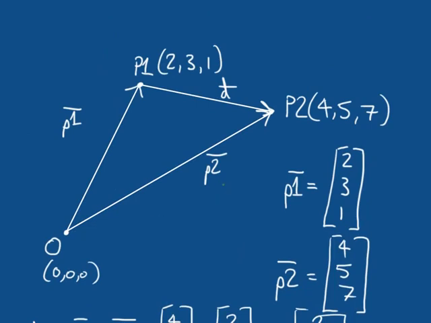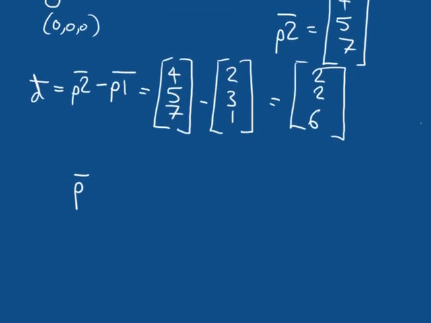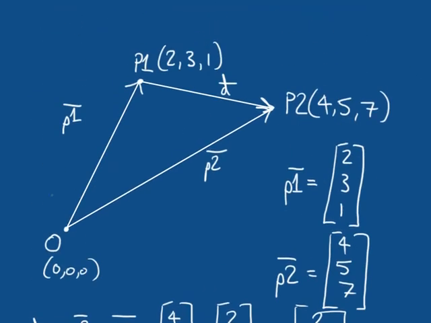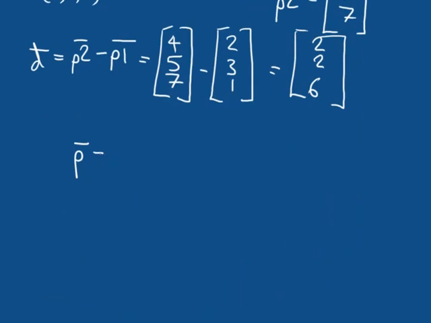Well, if we've got that point P, what if we said that was equal to our position vector P1, so it's a position vector that we're defining, P, so we know we start at the origin, and starting from the origin, what if we say we travel from the origin along P1, and then travelled along in the direction of D. So we could say P is equal to P1 plus D.